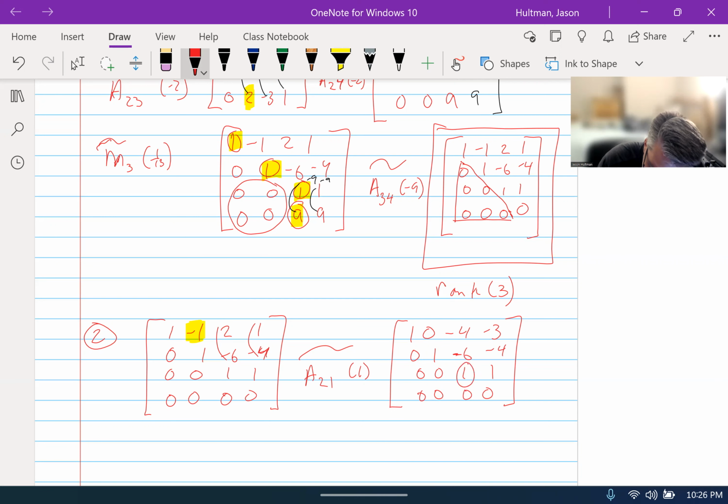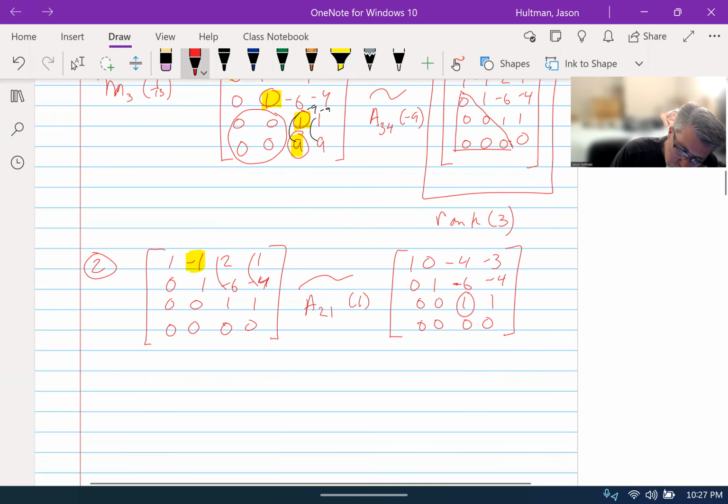So I'm gonna look at that 1 there in the third row, and I'm gonna multiply that by a +4 to get rid of the -4 in the first row, and then subsequently in the next step, I would multiply that row by a 6 to get rid of the -6 in the second row. So let's work on the first row first. So we're gonna try to get rid of this element here using that third row.